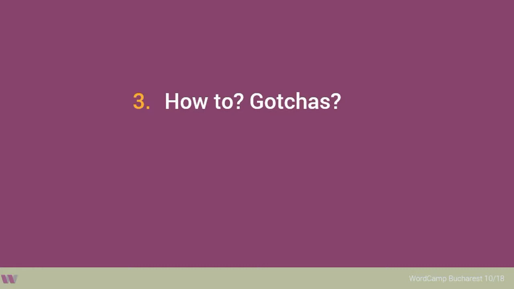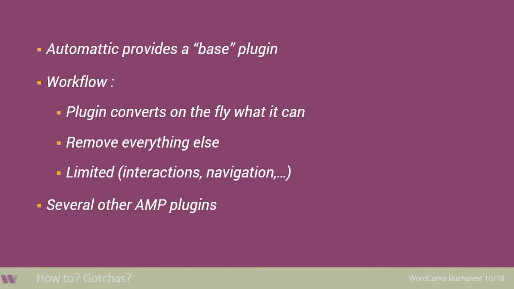So now, how would you go ahead and implement that on your site? Well, it goes through plugins, as is very common in the WordPress world. Automattic has been providing an AMP plugin from day one, which is rather simple, although it has improved dramatically over the last 6 months, with Google paying developers to work on it.